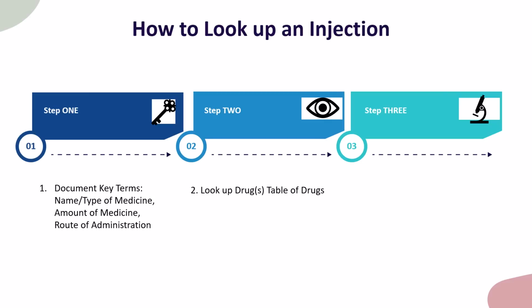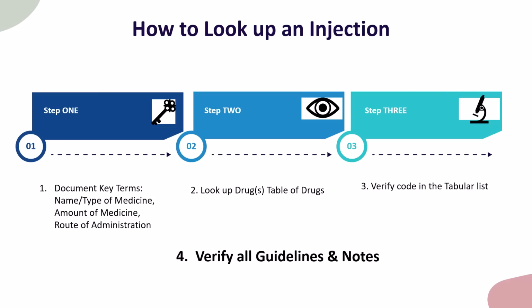Number two, go ahead directly to the table of drugs and look up your drug or drugs. Number three, verify your code in the tabular list. And four, verify all guidelines and notes. That's it, coders. I think you can do it.